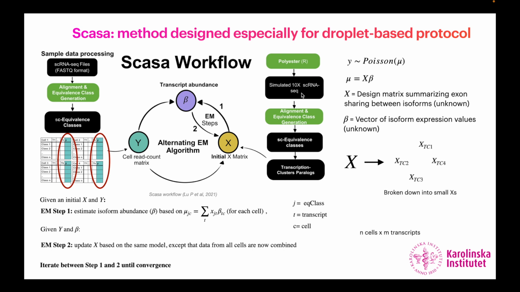We then obtain a set of equivalence classes just like the sample data's equivalence classes. As a process of optimization, we break down the X matrix into independent X matrix transcript clusters, such that all isoforms that belong to the overlapping equivalence classes are included in one cluster.